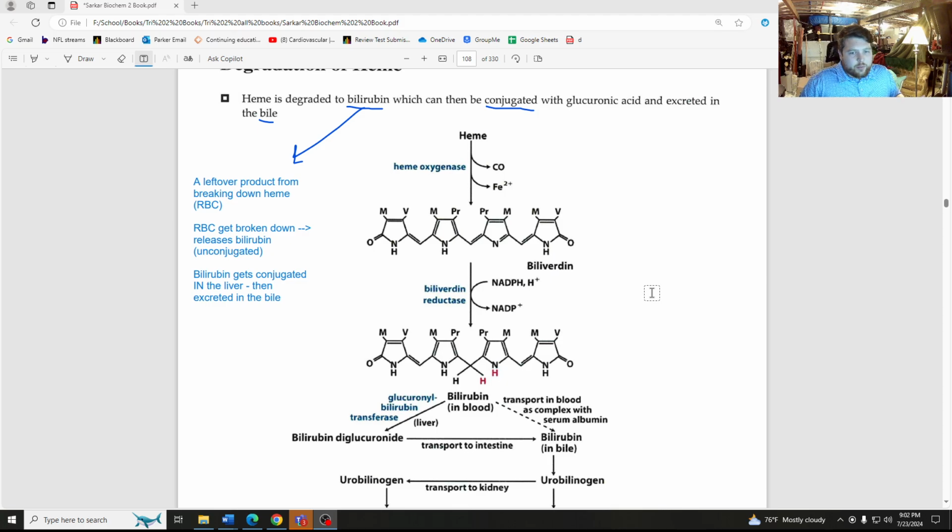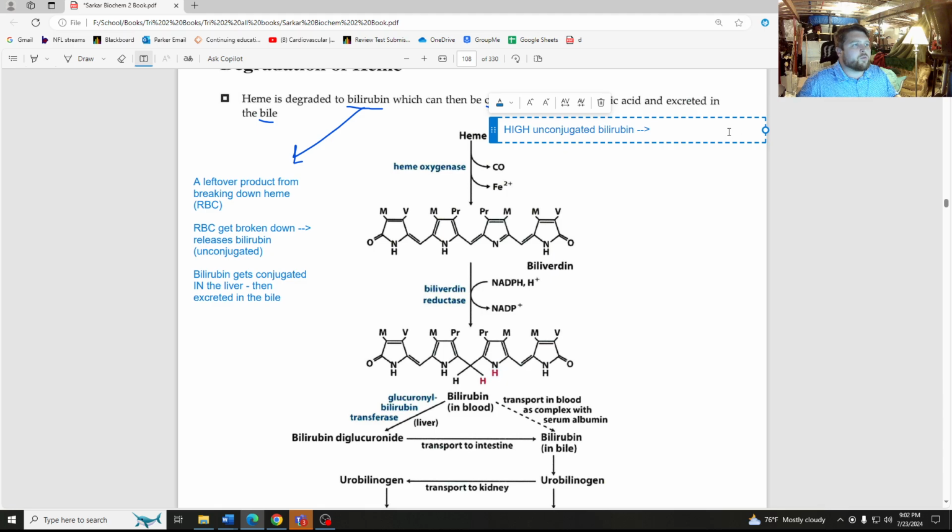And so if we see a ton, so high levels of unconjugated bilirubin in the blood, we stop and we think, okay, what organ is having trouble that would prevent this from being conjugated? That tells us that there's an issue with the liver.